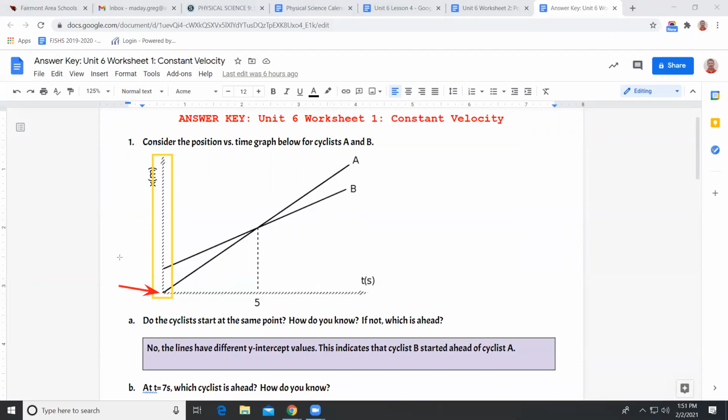Whereas cyclist B actually got a little bit of a head start. So they're starting a couple meters in front of cyclist A. So they are starting at different points, and cyclist B is starting ahead of cyclist A. But again, the key thing when looking at starting points is the y-intercept, or where that line crosses the y-axis.